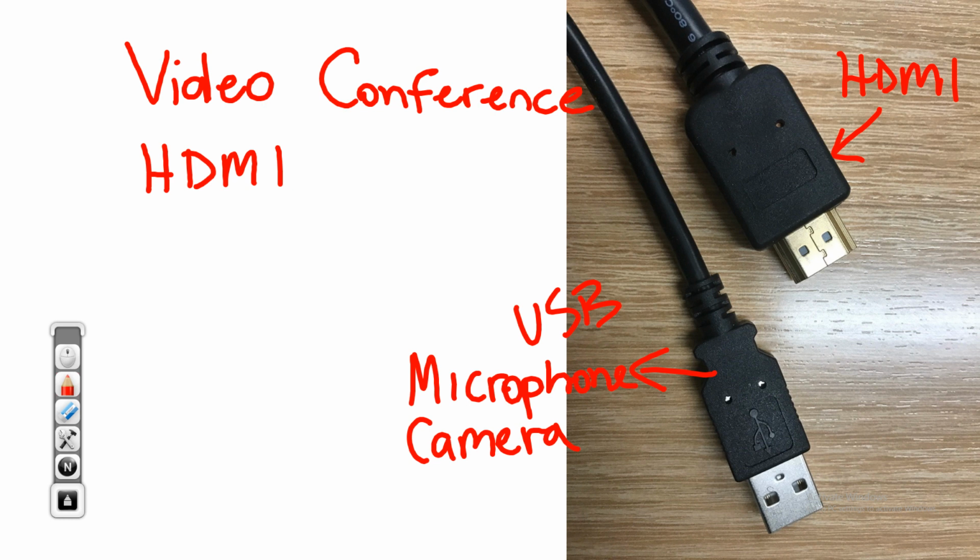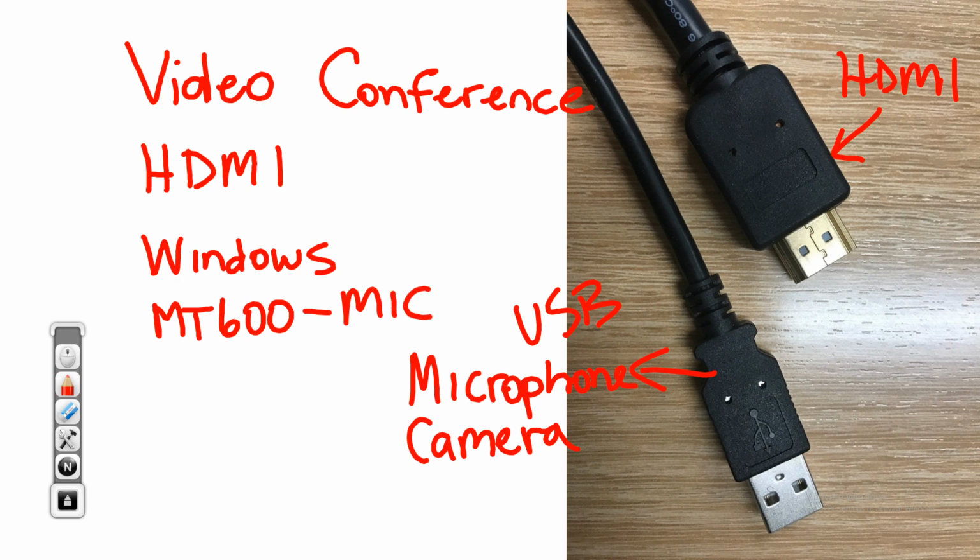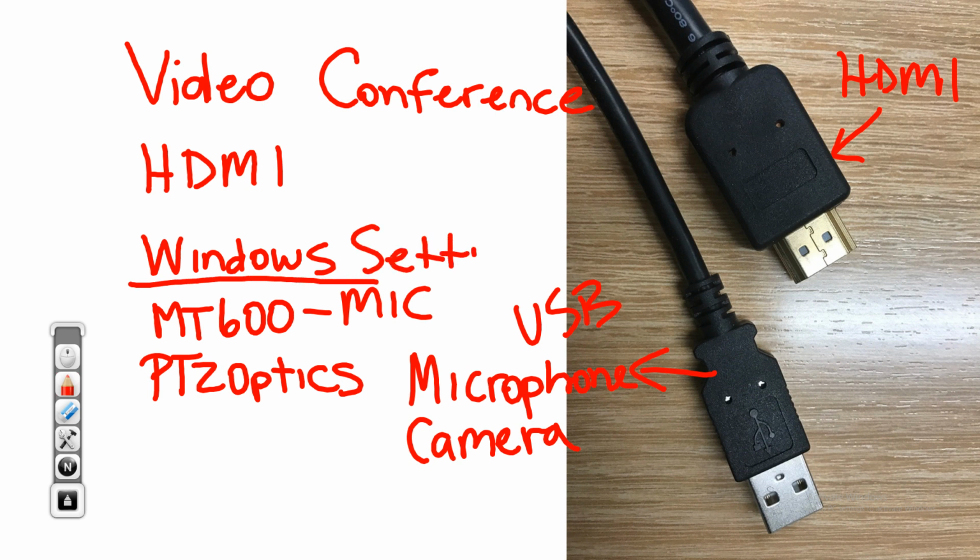One thing to note is that you will need to go into your Windows settings and make sure that the microphone selected is the MT600 and the camera is the PTZ Optics camera, to make sure that those settings are activated, either using the Skype application or using control panel settings and then audio in Windows.